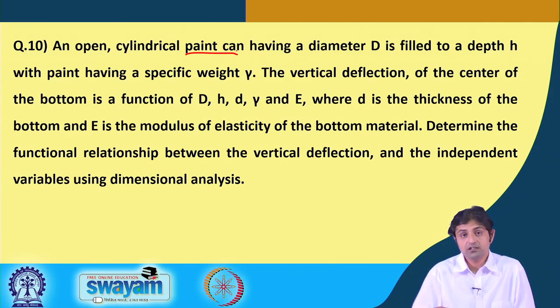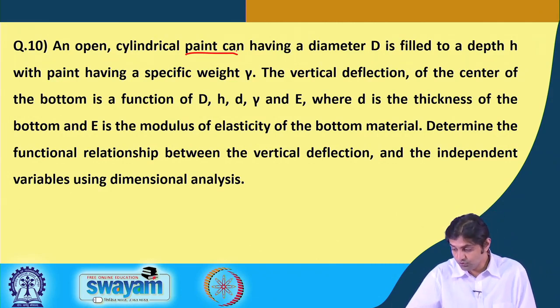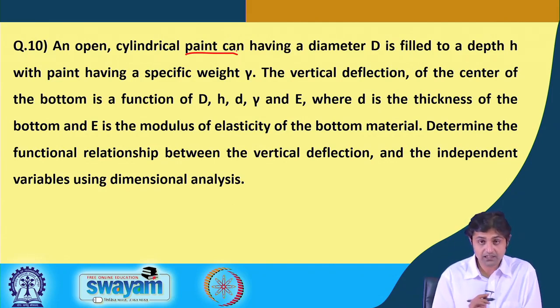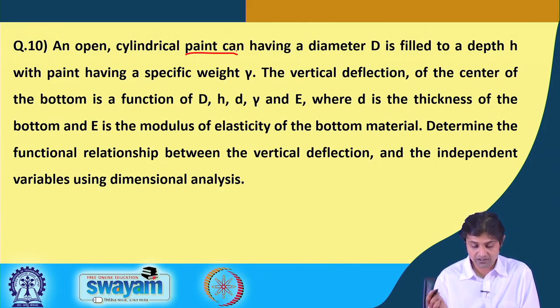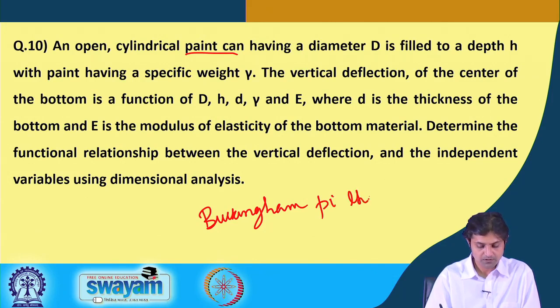So, this is a classical example of, we can actually go a little fast here, because in the two questions we have clearly laid down the procedure. But you see even in such complex cases where a lot of new terms are there, we can use Buckingham pi theorem for this again.